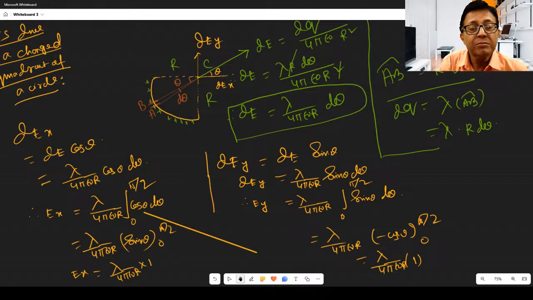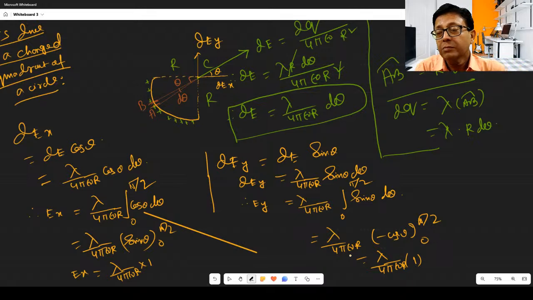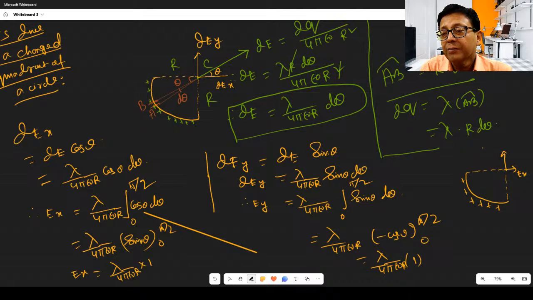Isn't it? So what will be the resultant field over there? There's both. This is Ex. This is Ey. So the resultant will be E R. E R will be what? The resultant of these two. They are equal.